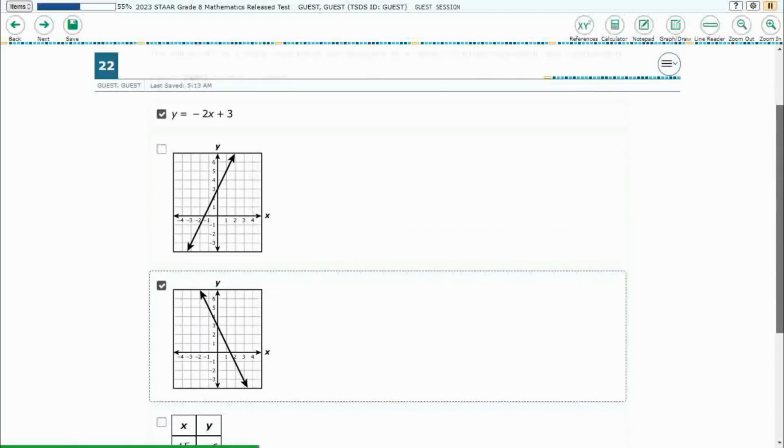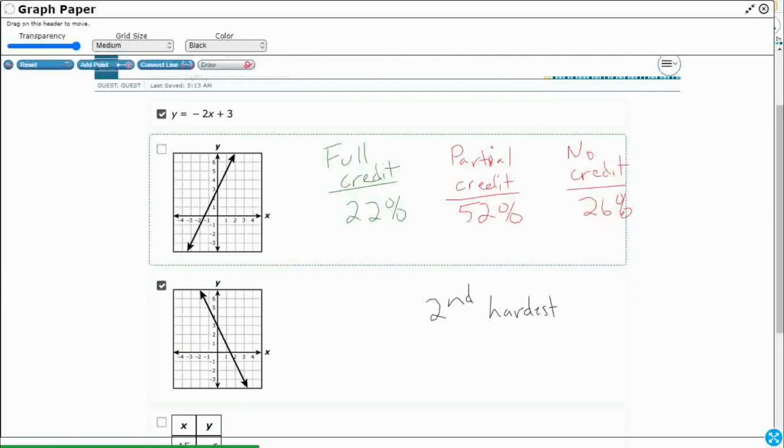Let's see how we did across the state of Texas. So this was the second hardest problem on the test. Using the full credit as ranking there. I'm not necessarily counting partial credit, because partial credit gets 1 point, but I want our students to get both points there. And partial credit means you got 1 correct and 1 incorrect.